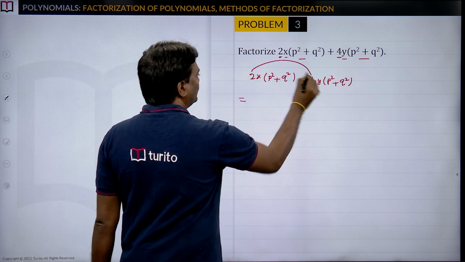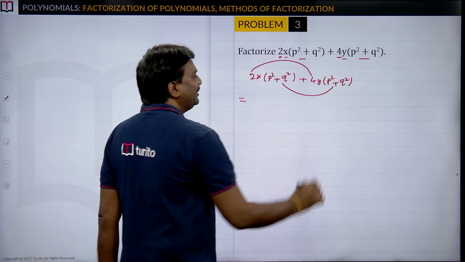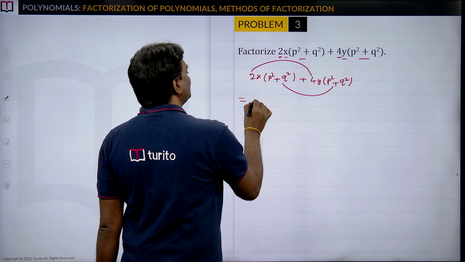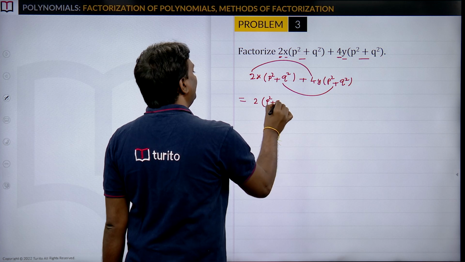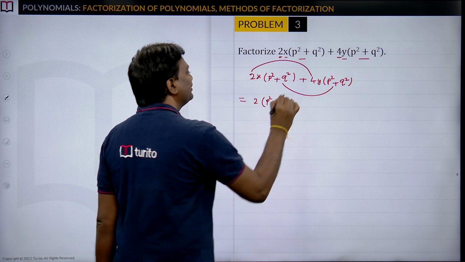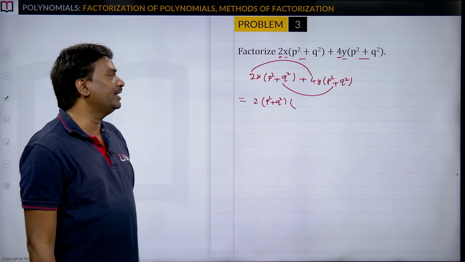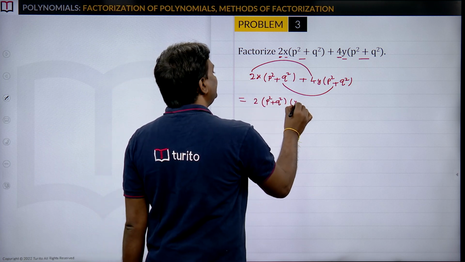From 2 and 4 we can take 2 as common. From p square plus q square and p square plus q square we can take p square plus q square as common. So, by taking 2 of (p square plus q square) as common, from the first term the remaining part is x.